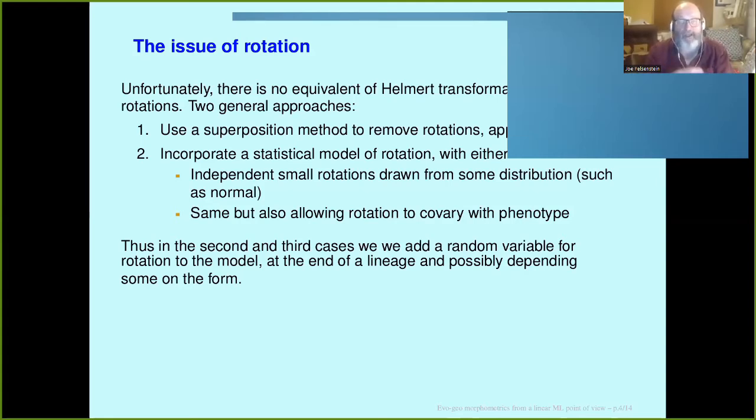But you can also make a statistical model of rotation. You could say, well, suppose there are independent small rotations of each specimen, drawn from a distribution. Perhaps the angle could be drawn from a normal distribution with a small variance. You can also incorporate into the machinery allowing that rotation to co-vary with features of the form.